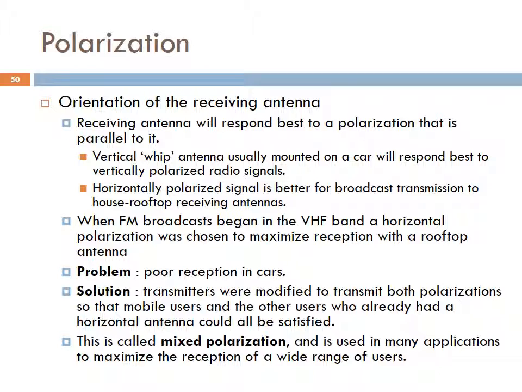To solve this problem, transmitters were modified to transmit both polarizations so that mobile users and the other users who already had a horizontal antenna could all be satisfied. This is called mixed polarization and is used in many applications to maximize the reception of a wide range of users.